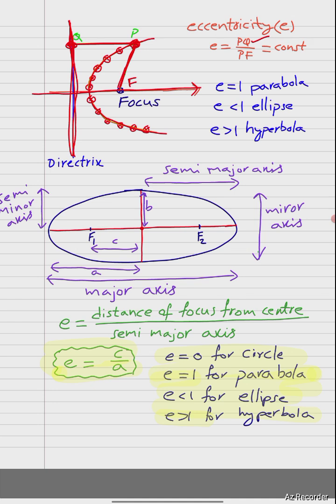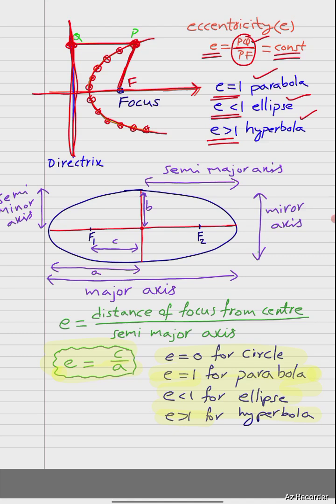Now PQ over PF is always a constant. The value of PQ upon PF is called eccentricity. This eccentricity is always a constant for a given curve. If the E value is equal to 1, the curve is a parabola. If it is less than 1, it is an ellipse. If it is greater than 1, it is a hyperbola.